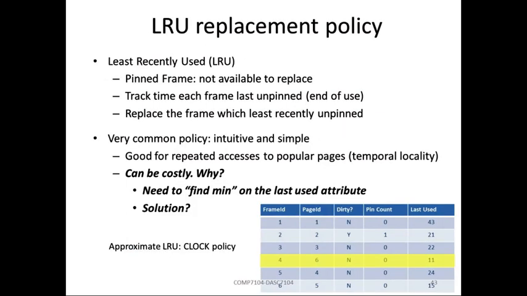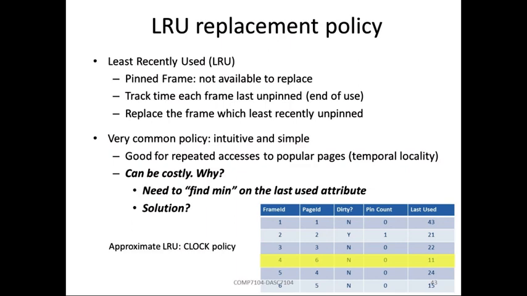So once again, the least recently used policy needs to find a minimal value on the last used attribute. For instance, here, the frame that should be chosen for replacement is the one currently holding page 6, because it was last used at timestamp 11.